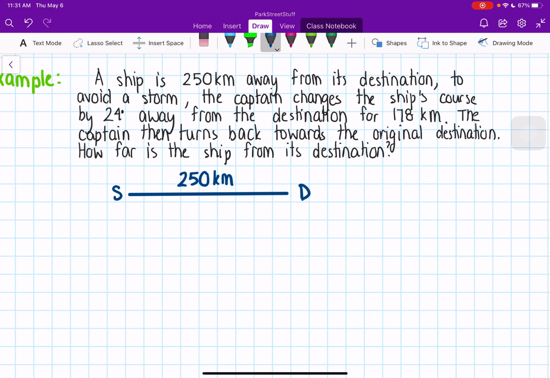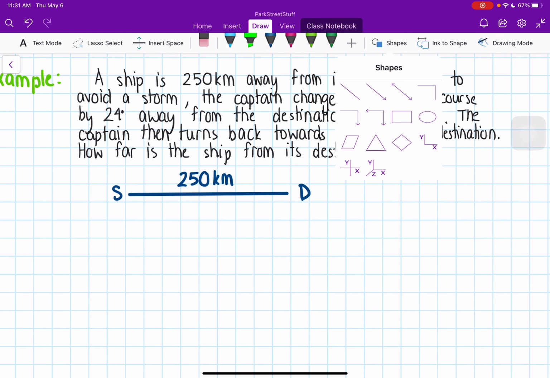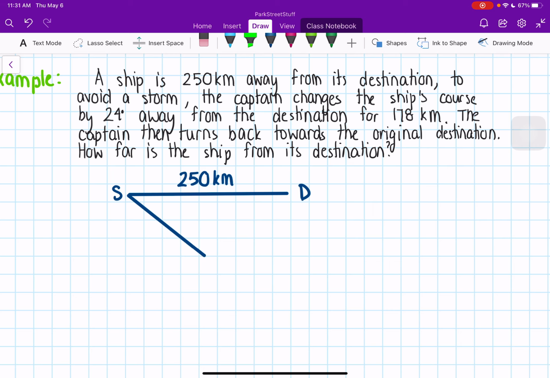Okay. And what the captain has to do is he has to change the direction by 24 degrees. It doesn't matter what it looks like to scale. So that means that this angle here, he's changed that direction by 24 degrees. Okay.